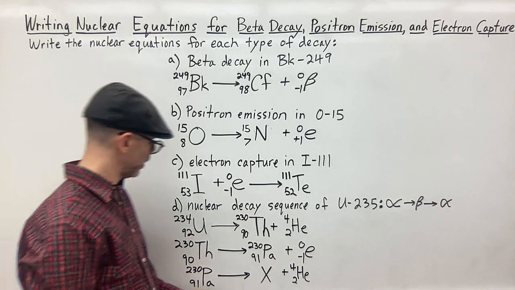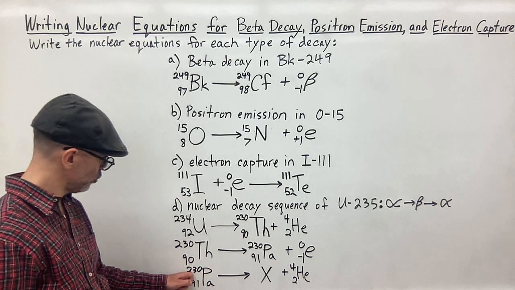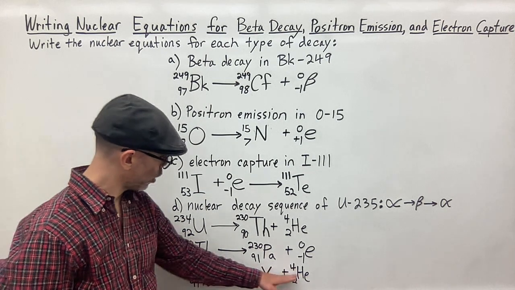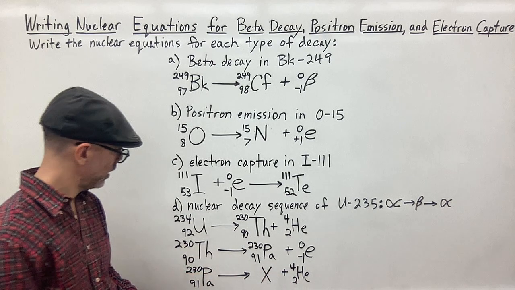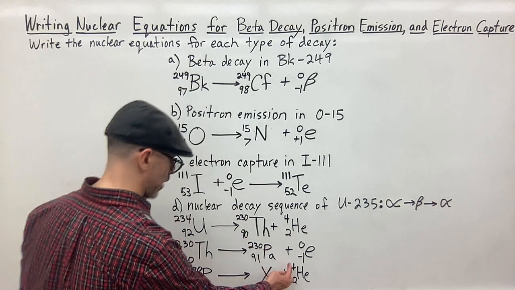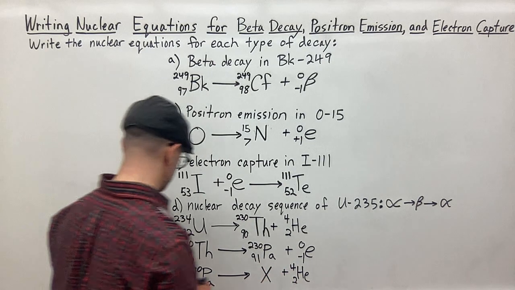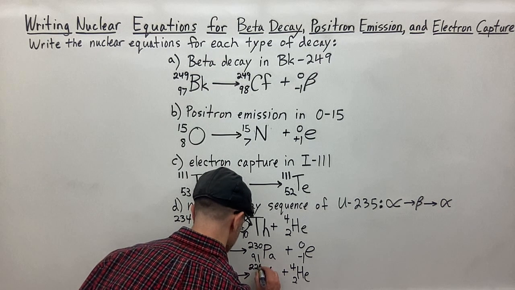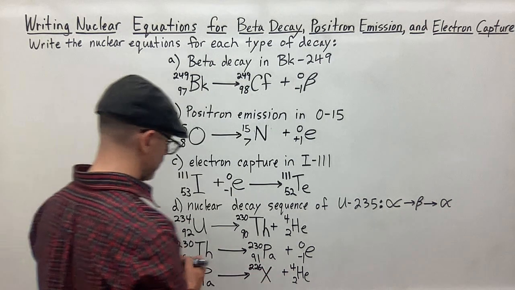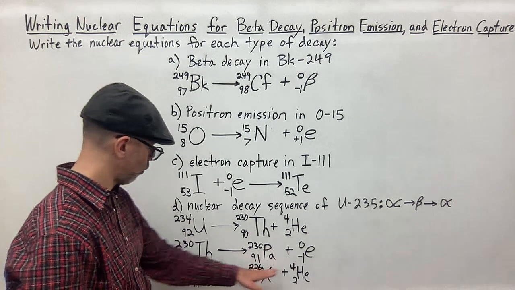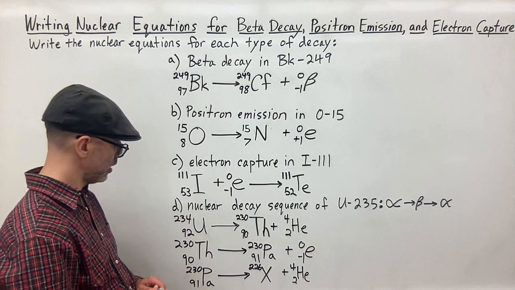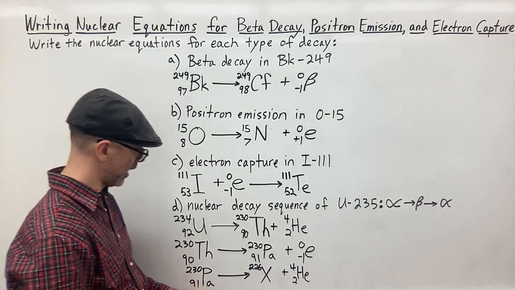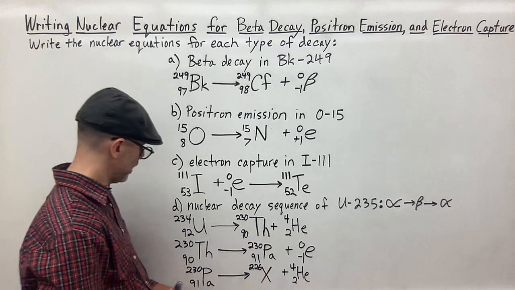And finally, we balance the numbers. So 230 on this side, 4 plus what gives me 230? If I subtract 4 from 230, that gives me 226. So I have 226 on top. 226 plus 4 gives me 230. And then 91 on this side, 2 plus what gives me 91?